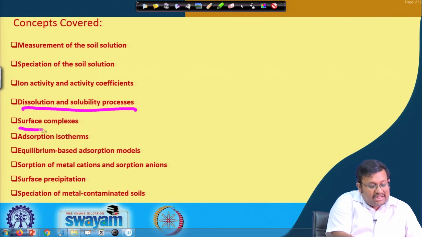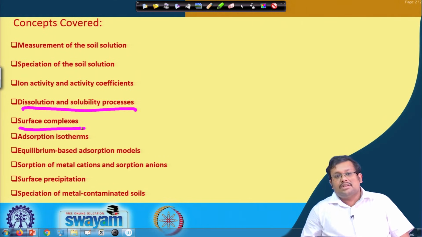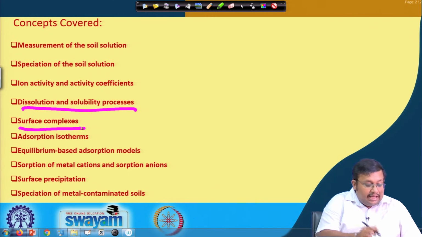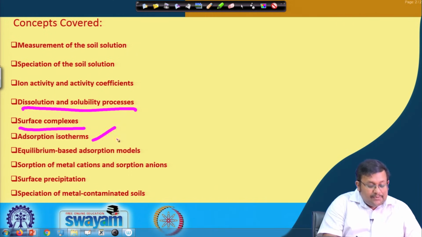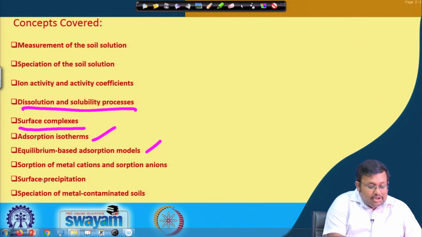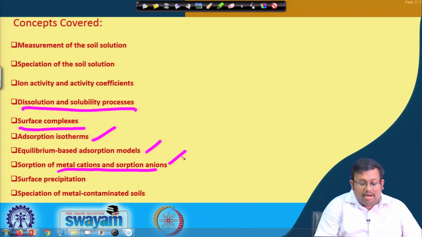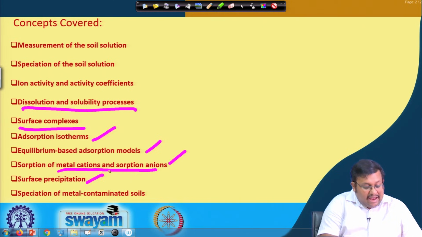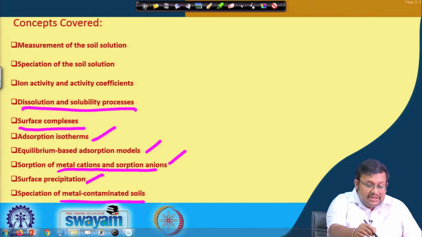Then we will be talking about surface complexes, what type of complexes generally different metals form with the soil surface, with the soil particles, and then adsorption isotherms, then equilibrium based adsorption models, then sorption of metal cations and sorption of anions, and then surface precipitation, and finally speciation of metal contaminated soils.